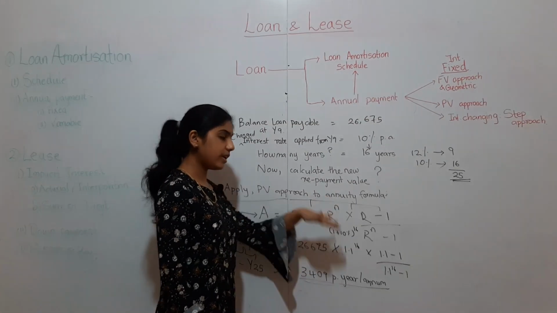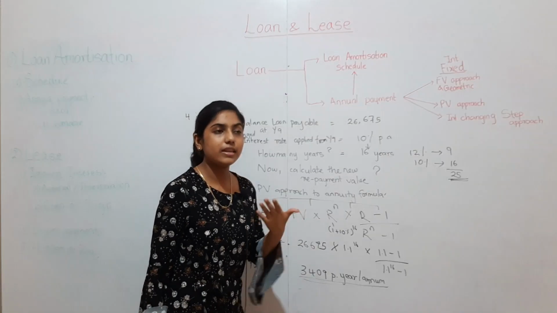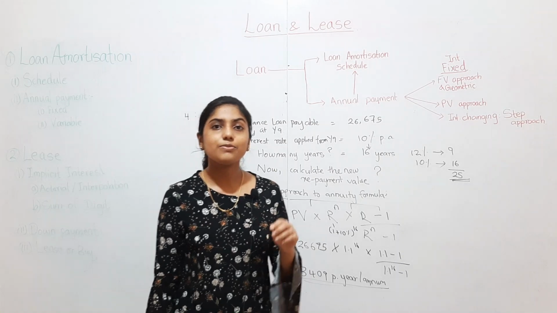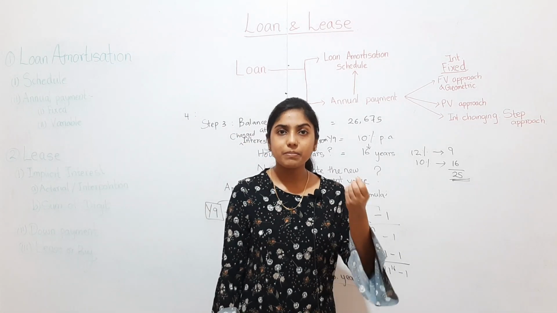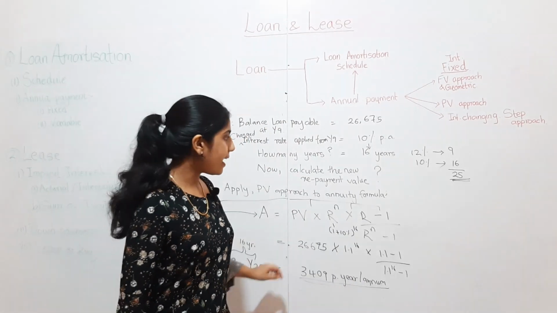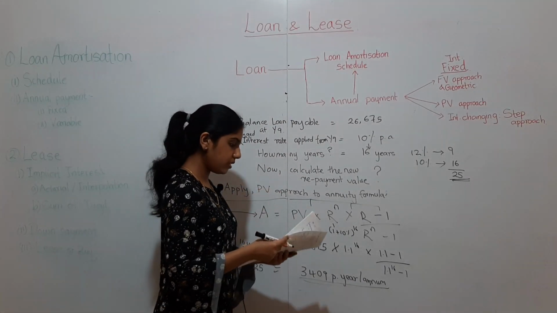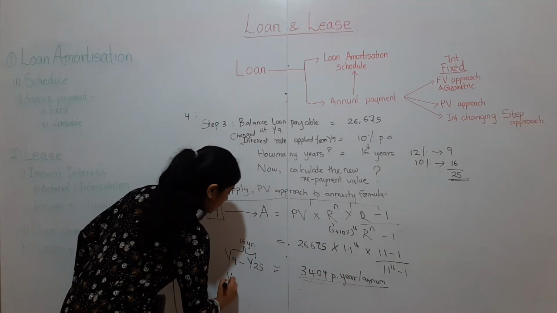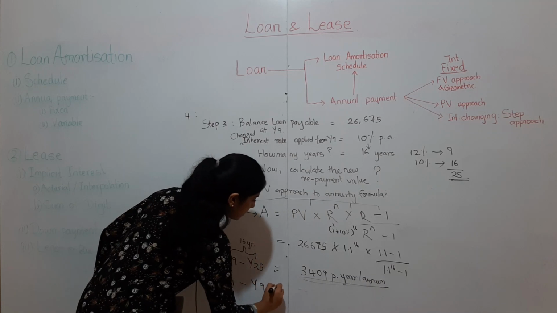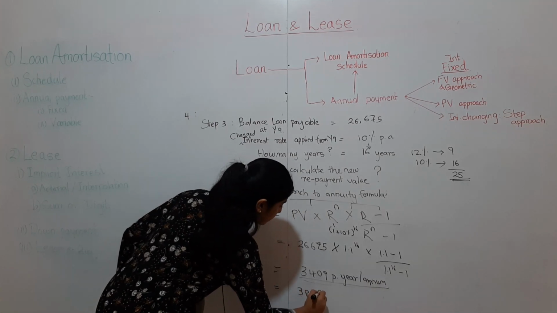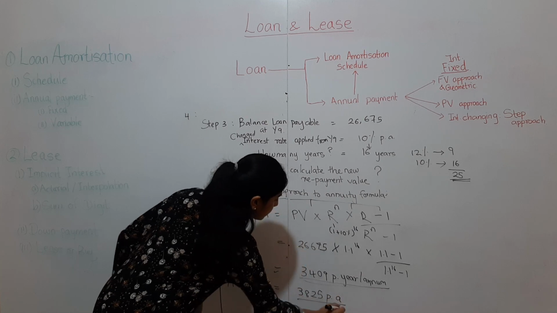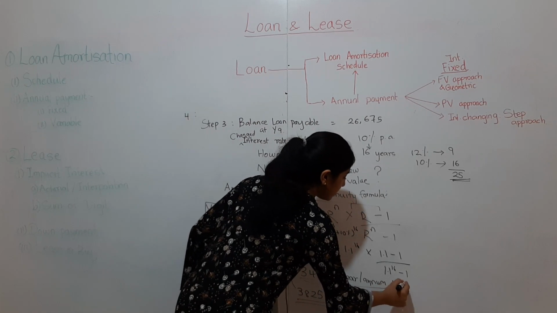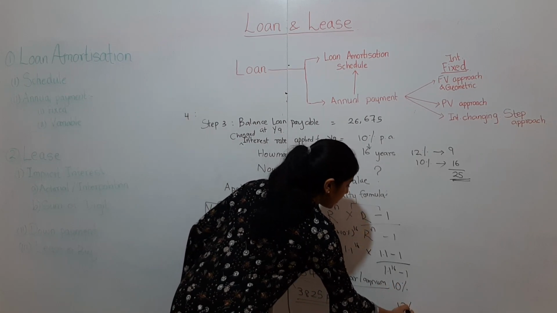The interest rate reduced, so the amount that you have to pay during the loan period can be reduced, so that it is favorable to the customer. He can pay lesser amounts than the initial 3,825 per annum from year 1 to year 9. So see, it reduced, because the interest rate is here 10%, but here it was 12%.